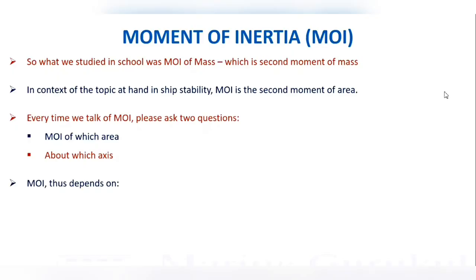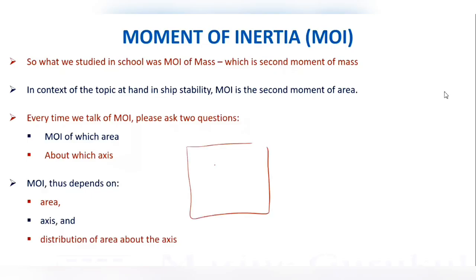Thus, moment of inertia will depend upon the area in question, the choice of the axis, and with respect to the axis, how the area is distributed. You may have this area, let us say 10 square meters. This area is also 10 square meters, but one is a square, the other is a rectangle.